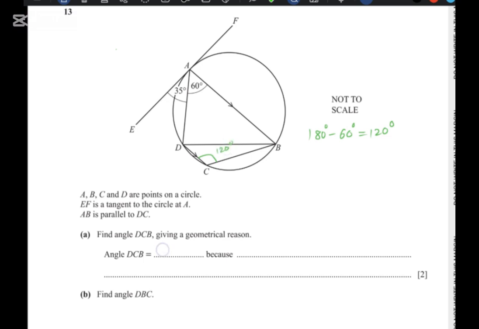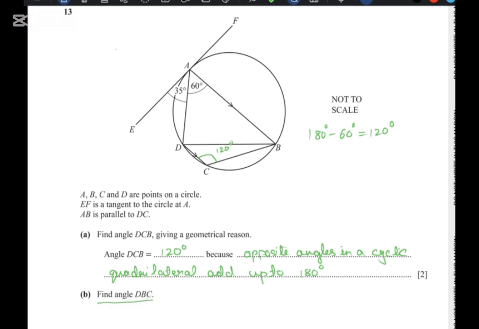So write down, angle DCB is 120 because opposite angles in a cyclic quadrilateral add up to 180 degrees. This is question A done, and question B now.